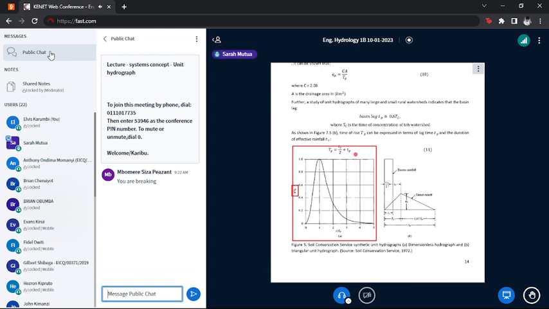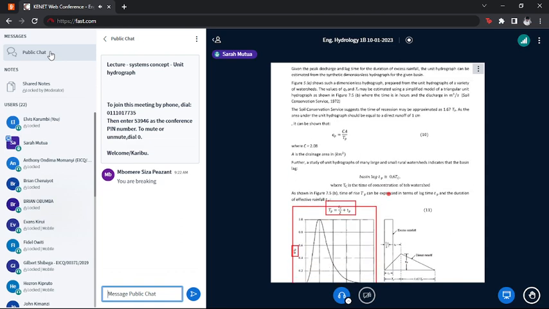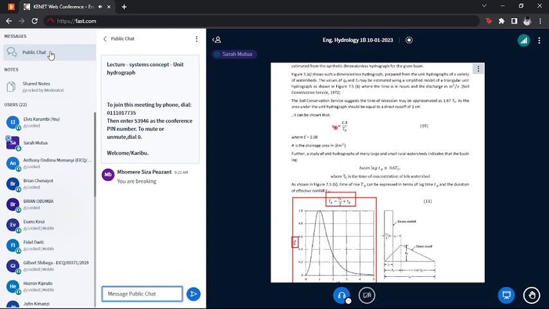And then we also have the relationship of the time lag. In addition to this, we can now correlate the peak discharge and the basin time lag.